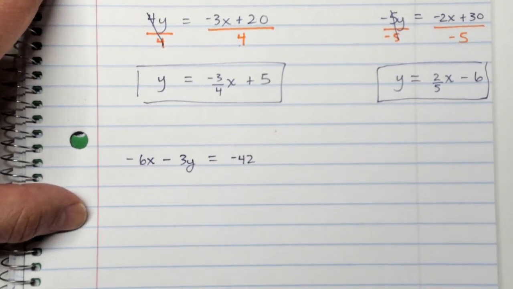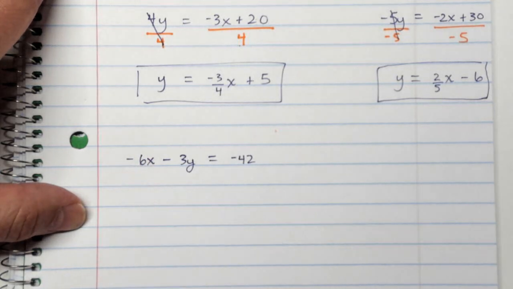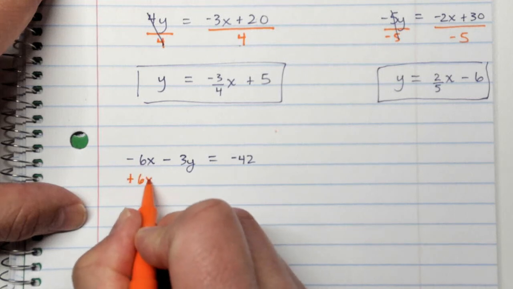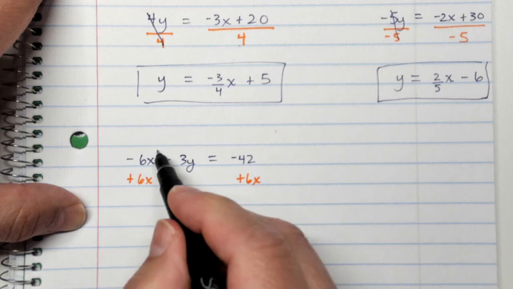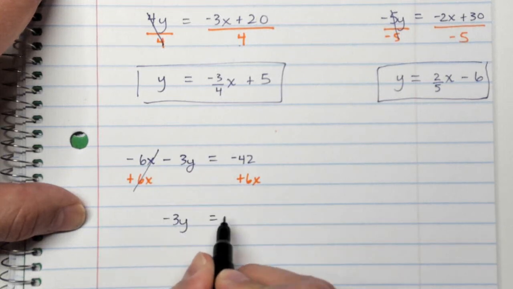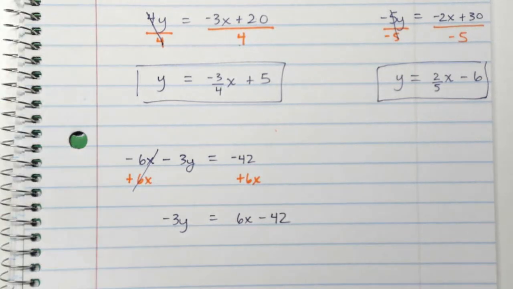Okay. This time, since this is a negative 6x, you have to think of it as a minus 6x. Opposite of minus is plus. You can add 6x to both sides. Those cancel. You get negative 3y equals 6x minus 42.